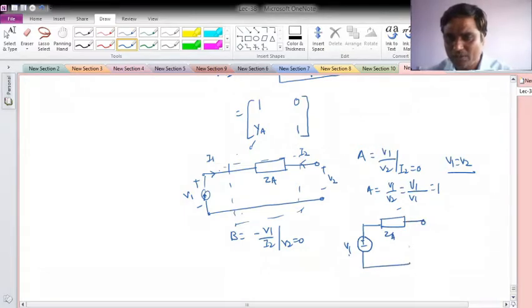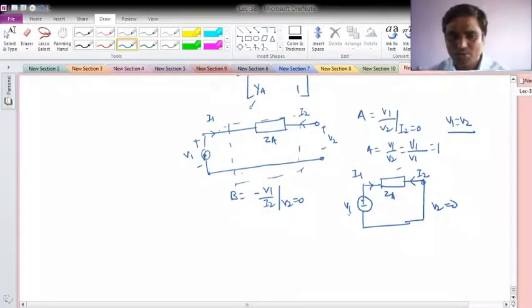We are short circuiting it so that V2 has become 0. This is my I2 and this is my I1. Now I would like to get V1 by I2. Is this 0? No, not 0, because V2 is equal to 0.